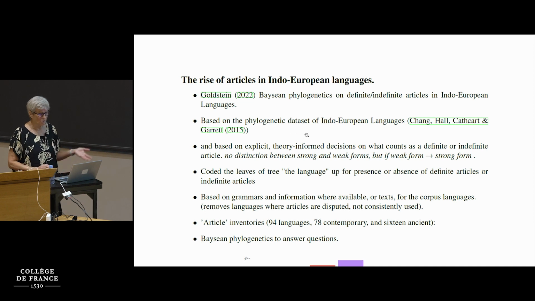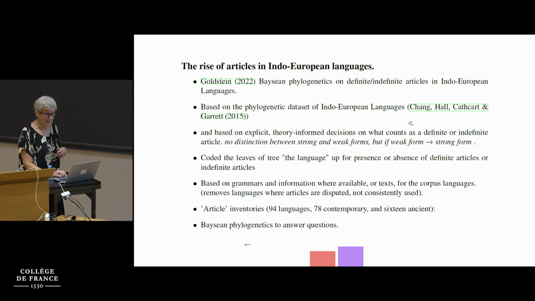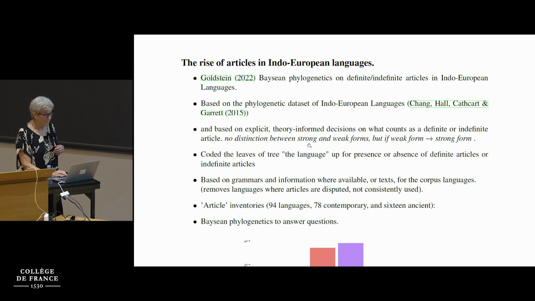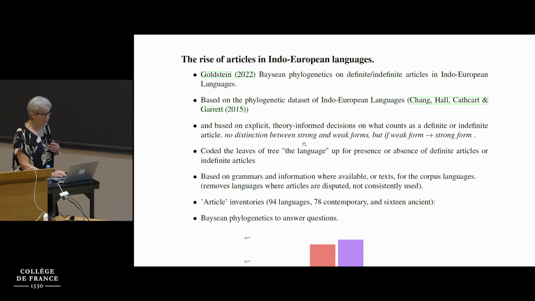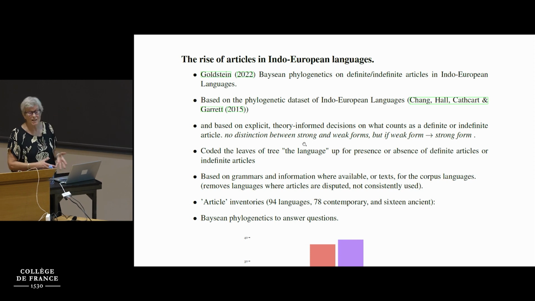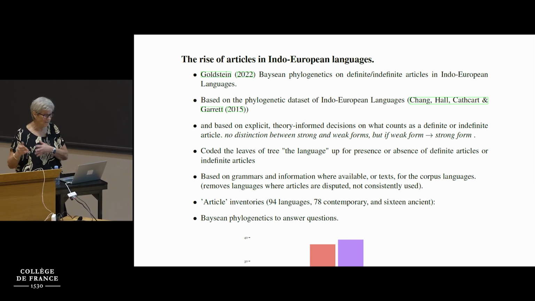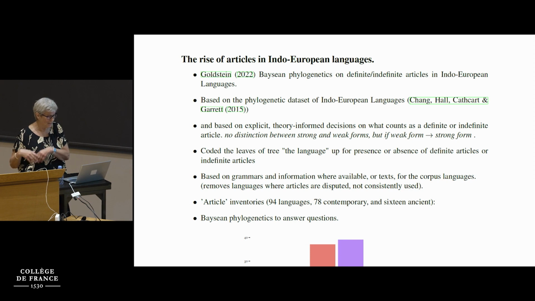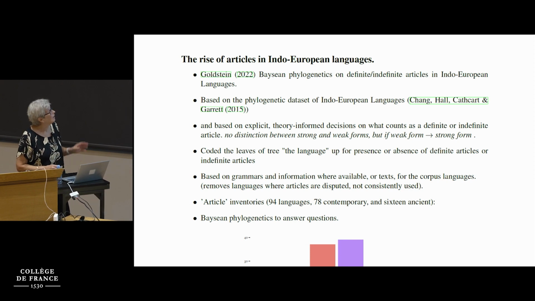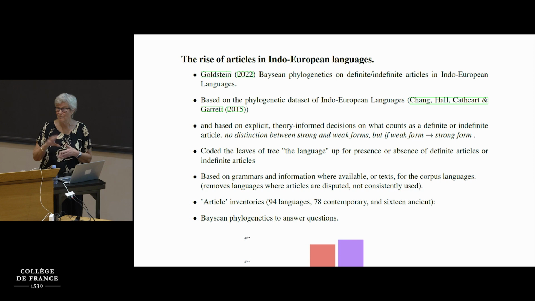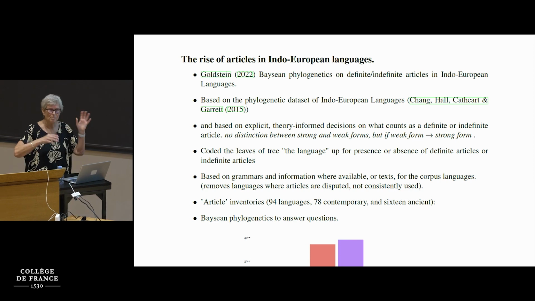And he bases this on a phylogenetic data set, which is published in Language. It's 94 languages. It's based on an explicit, formal, theory-informed decision on how to count what is a definite article and what is not. But he clearly makes no difference between strong and weak forms.